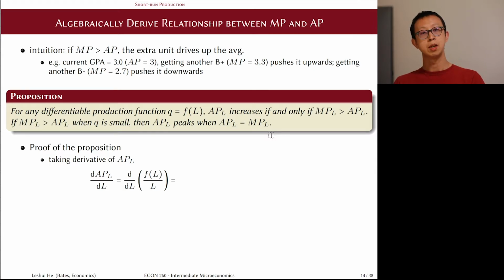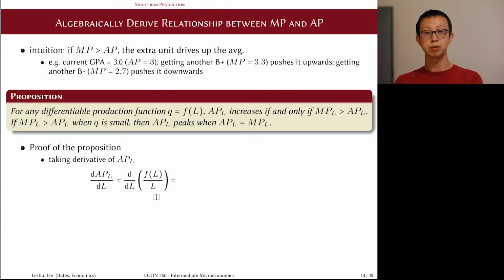We're interested in how the average product of labor changes as the amount of labor increases, whether it will increase or decrease in particular. So now let's take a derivative of average product of labor with respect to labor. By the definition of average product of labor, it is just the total product divided by labor.